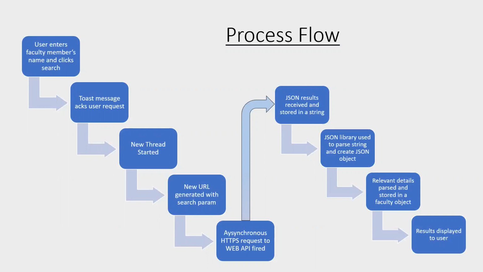The web API processes that and returns a JSON message. Then once the JSON reply is received, the JSON library is used to parse the string and create a JSON object. The JSON object then gets parsed and stored in a faculty object, and that is parsed to display the results to the user.